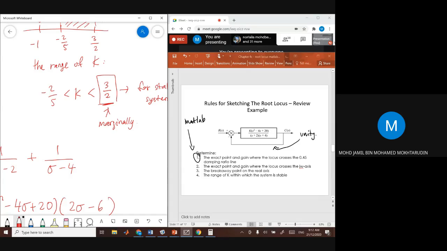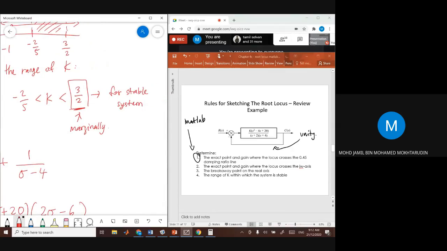Okay, so somehow it seems right, it is right, because if you find your range is more than 3/2 for a stable system, meaning that your answer is wrong, because we know earlier from question number 2 that 3/2 is where the system is marginally stable, crossing at the JW axis.